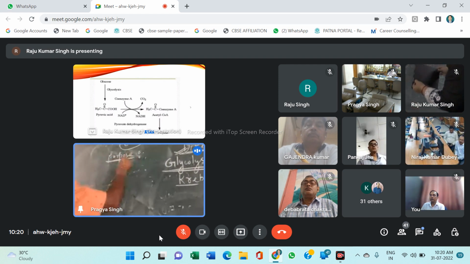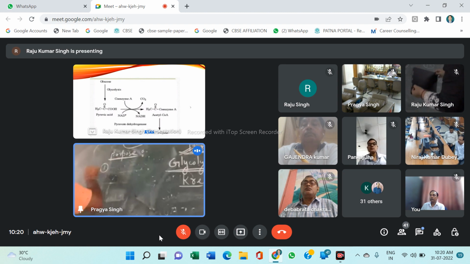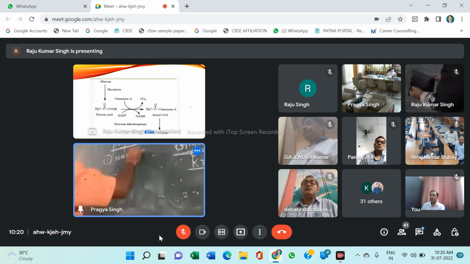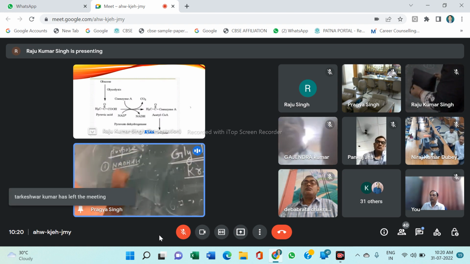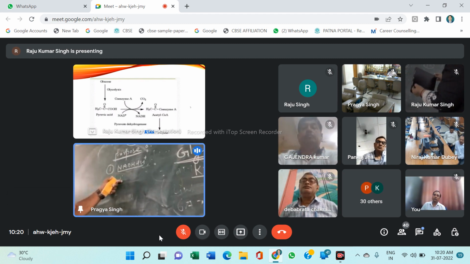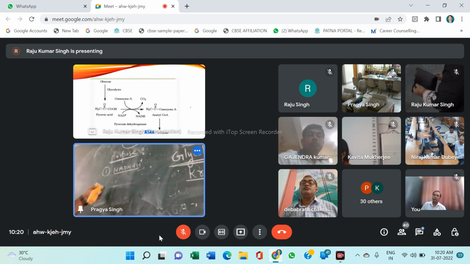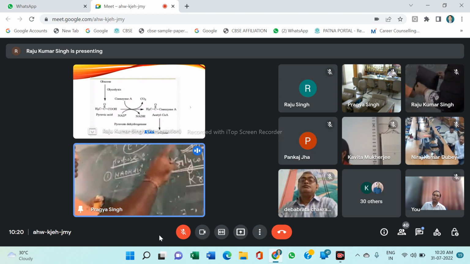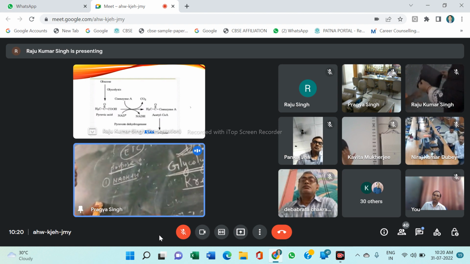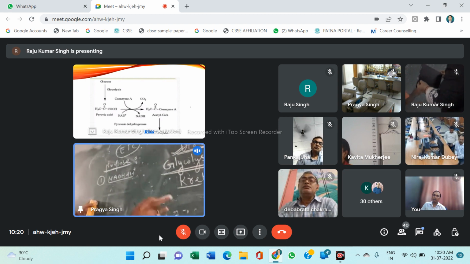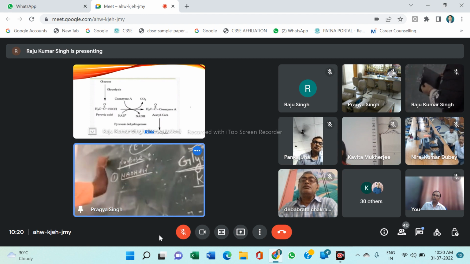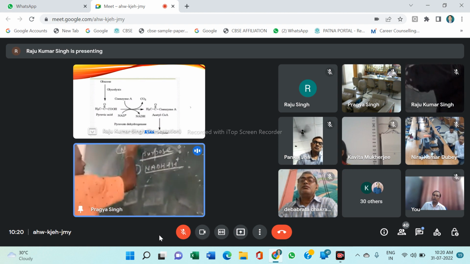Because the purpose of ETC, first, we are saying there is a formation of NADH plus H plus. These are the reduced forms which are being formed in the link reaction, in glycolysis, and in the Krebs cycle also. The Krebs cycle and the link reaction are twice processes. So if they need to be continued, we need to have the presence of NAD plus.